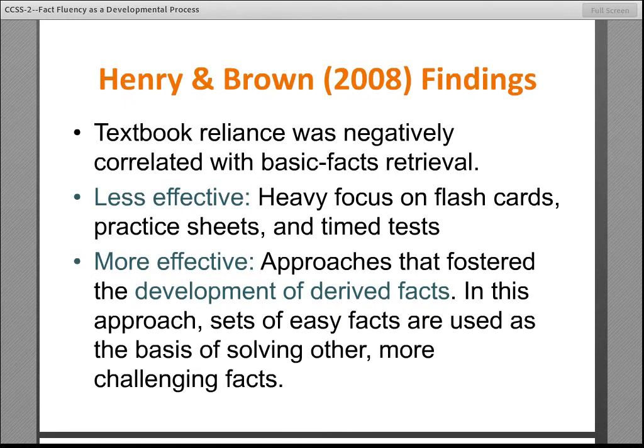They do not believe that the current curriculum, which is 3 major textbook companies, all approved by the state of California, fosters this developmental sequence, because the classrooms who adhered the strongest to the textbook actually produced the poorest results on the basic facts.